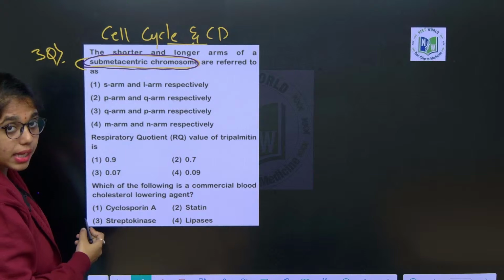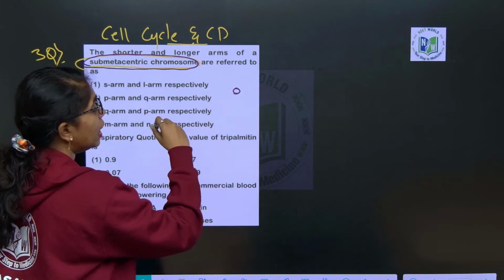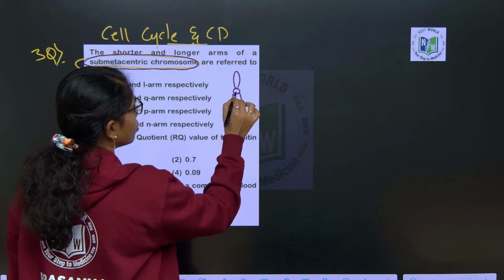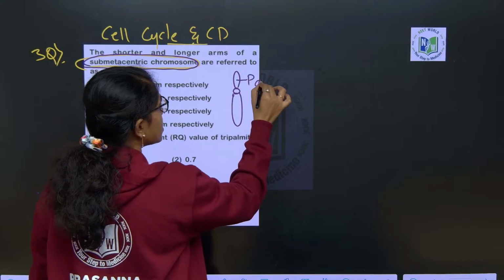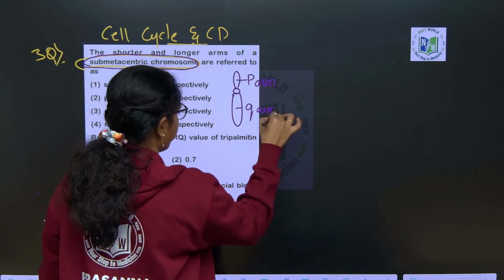What is a submetacentric chromosome? The centromere will be close to the middle, forming one short arm and one long arm. The short arm is called the P arm and the long arm is called the Q arm.